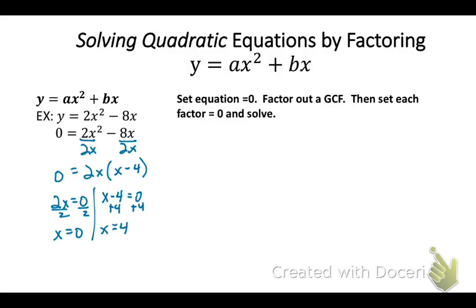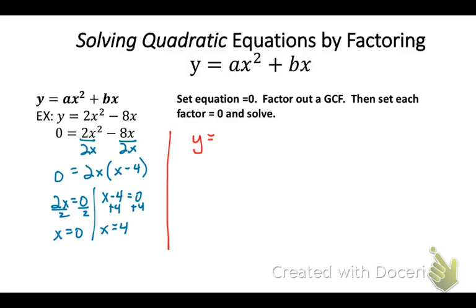I think I may be missing an example. This is the example that comes after that. By factoring, notice that we can just factor out a 2x and then set both of those terms equal to 0 and solve. Now the example just before that actually just has y equals 2x squared minus 8.